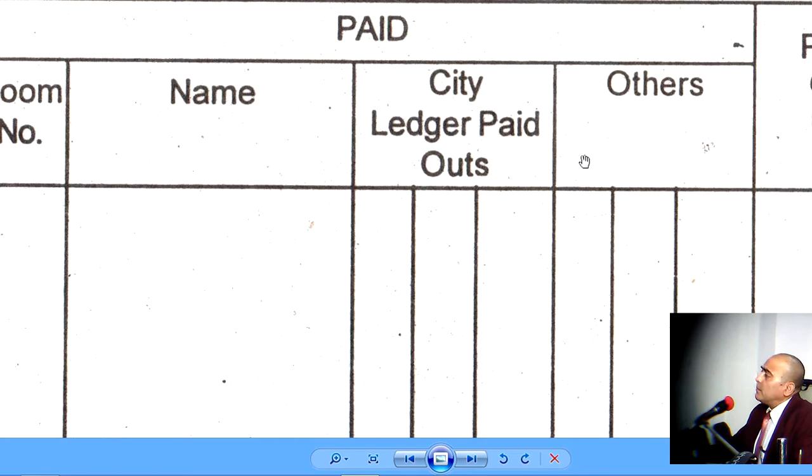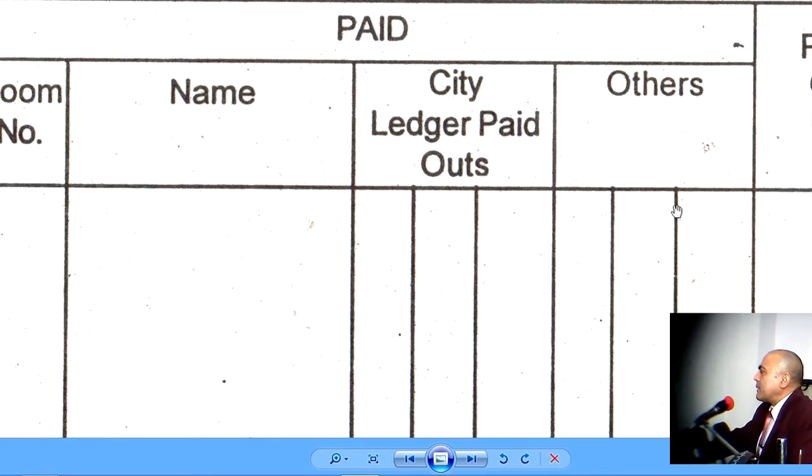And if the cashier has paid money to somebody else, for example, to an employee, to another department, to a vendor, anybody else, to some official, then that will be recorded here. Sometimes, the bellboy also asks for money, maybe to buy medicines, to buy a postage stamp for the guest.